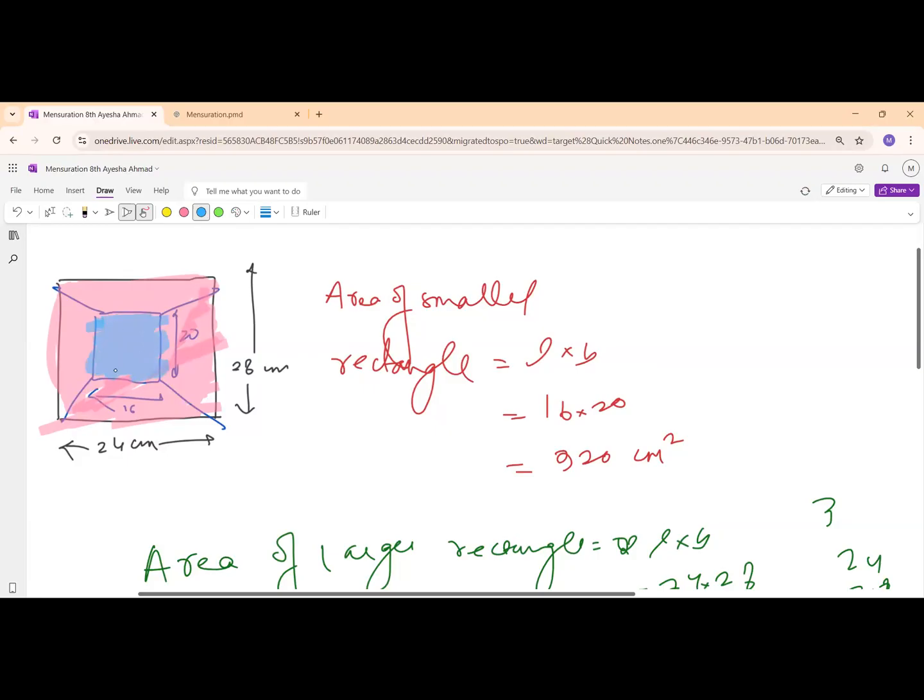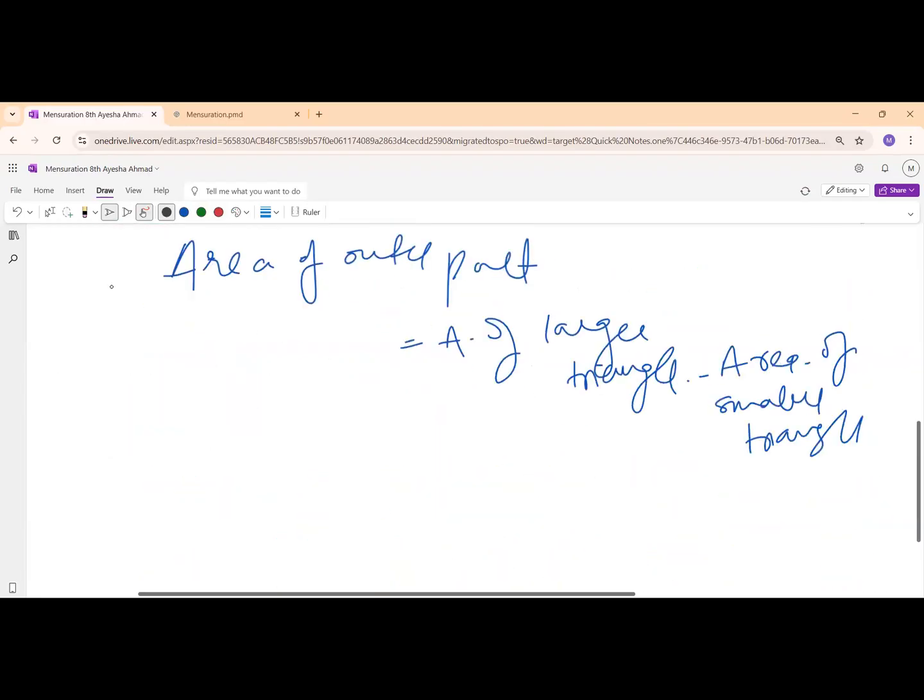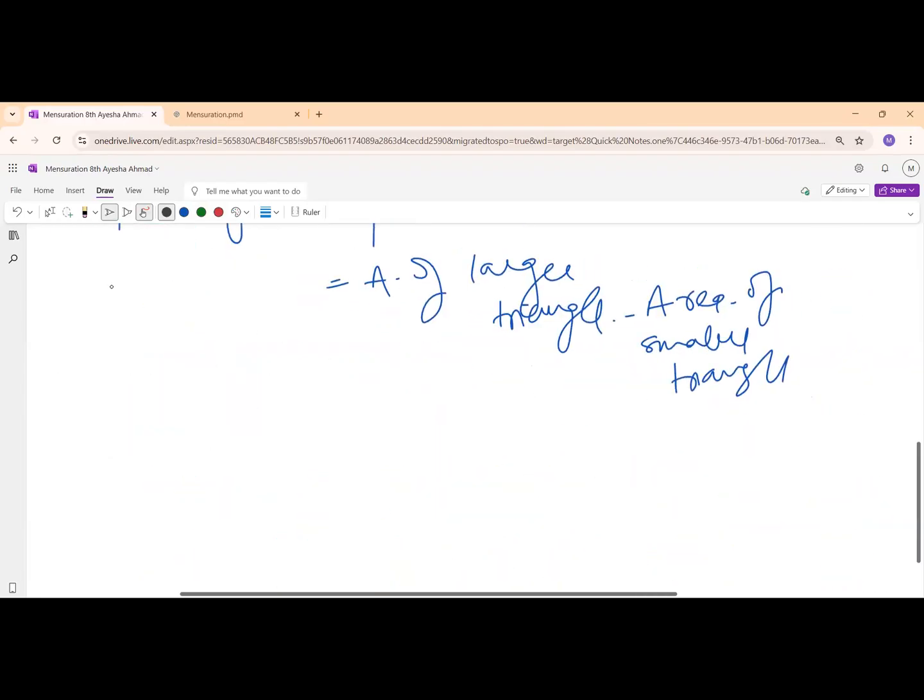So larger rectangle area minus the smaller rectangle area, we'll get the area of this part. So area of larger one was how much? 672 minus area of smaller one was 320. If you subtract it, this would come out as 352 centimeters square, the area of the outer part. Got it, Aisha? Yes, sir.